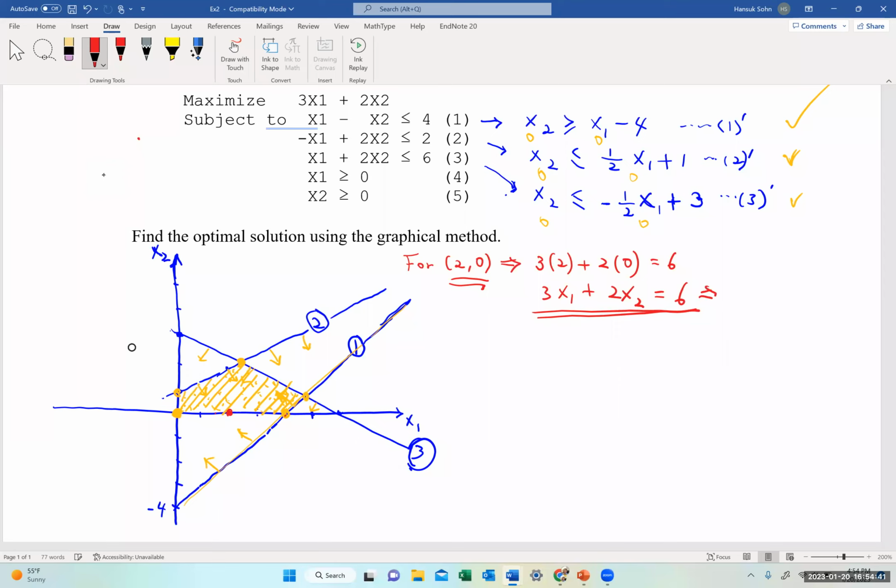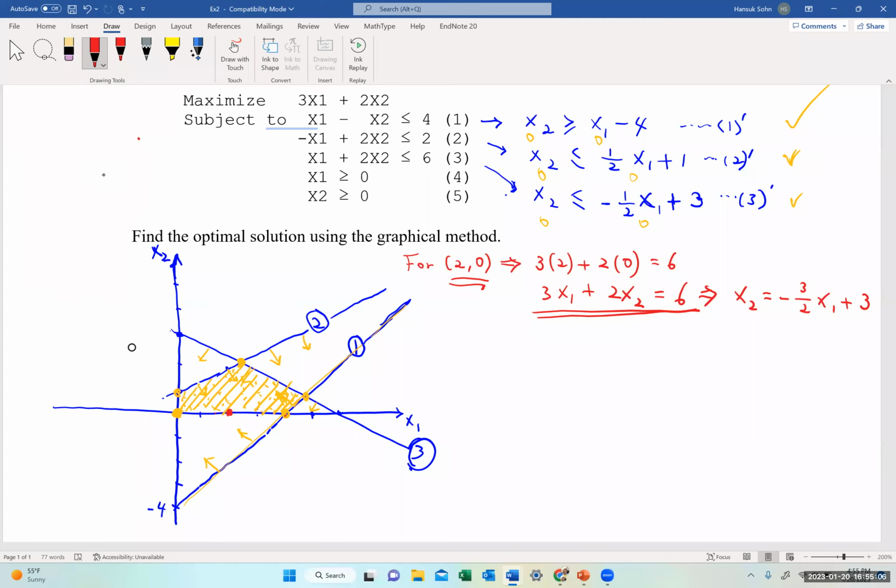If I rewrite this, it's going to be x2 equals negative 3/2 x1 plus 3, right? I just moved 3x1 to the other side and divided by 2 on both sides.